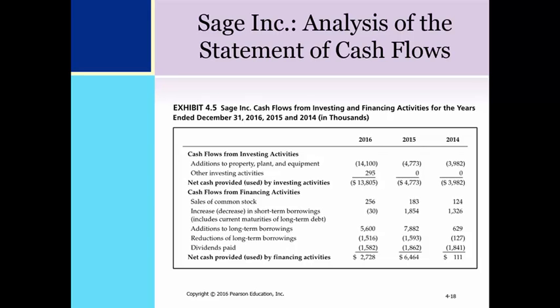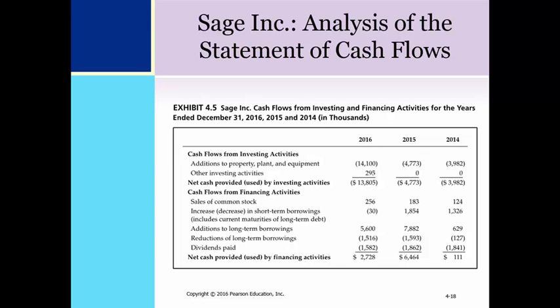Looking at the Investing and Financing Activities section, Exhibit 4.5 that you see on the screen, for Sage Inc., we can then copy the dollars received or paid for each of these activities. For example, in 2016, we would copy the $295, $256, and $5,600 cash inflows into the cash inflow section of the summary analysis.